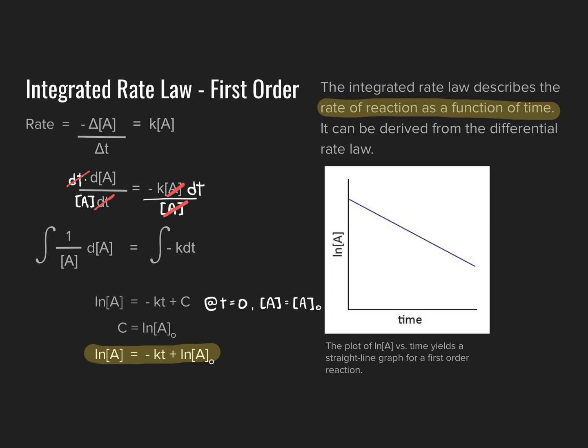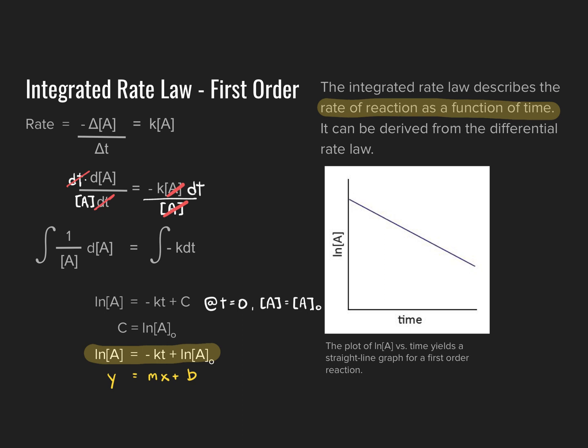Now, speaking of the equation we have just derived, something important to note here is this. That equation, the natural log of A's concentration is equal to minus KT plus the natural log of A's initial concentration, is in the format of a straight line graph. That is, even though it kind of looks messy, this is essentially nothing more than an equation in the format of slope-intercept, that is y equals mx plus b.